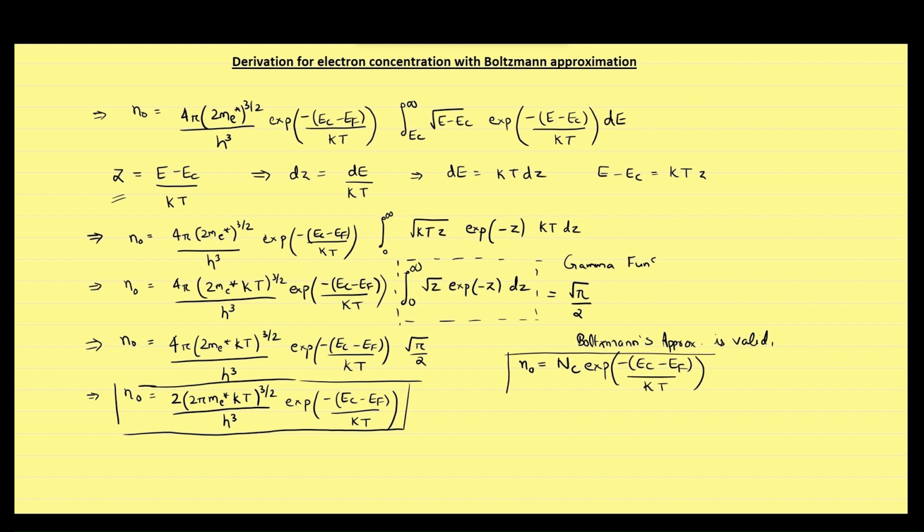Now, if you compare these two equations, we get the effective density of states equal to 2 into (2π m_e* kT)^(3/2) divided by the cube of Planck's constant.